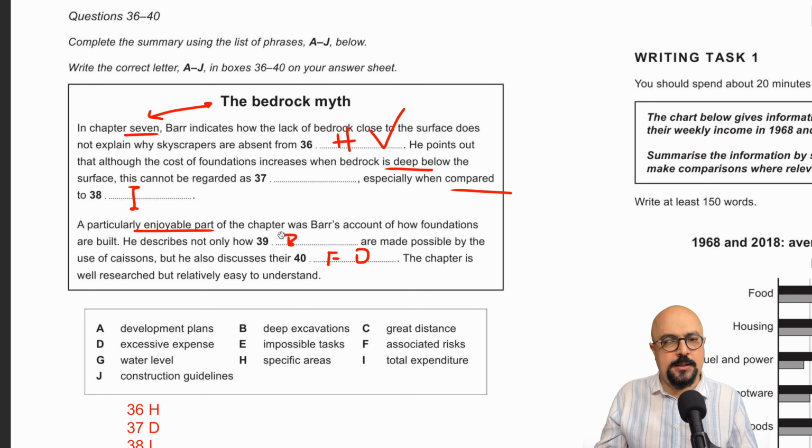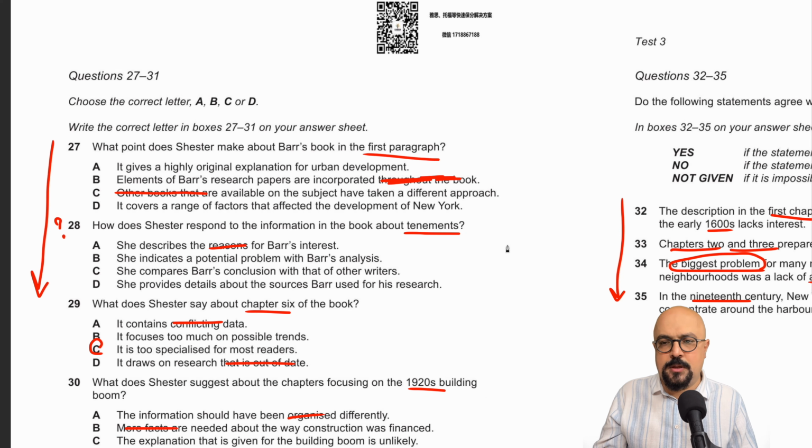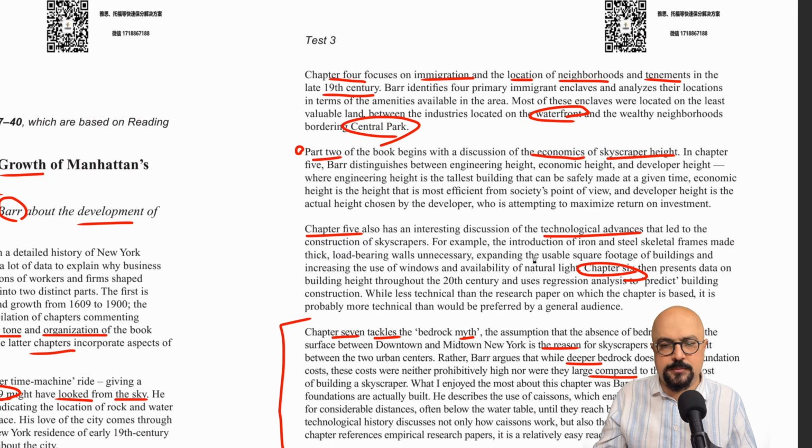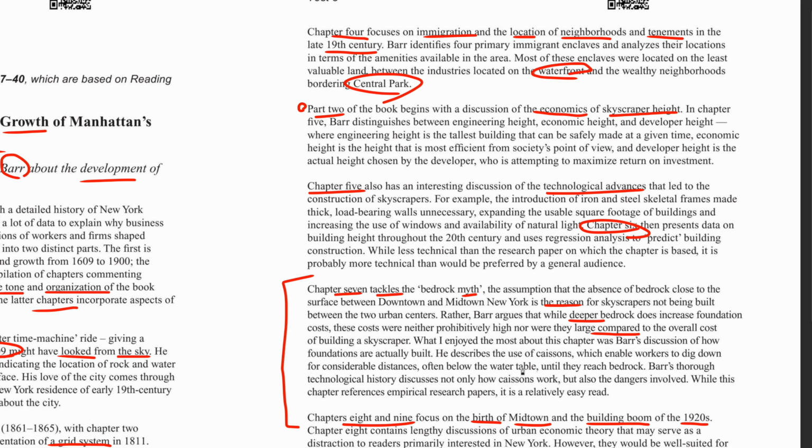Yes. Now 39. He describes non-eligible, 39 could be B maybe. Okay, deep excavations using this tool, whatever it is. We can find that word here: which enabled workers to dig down for considerable distances.